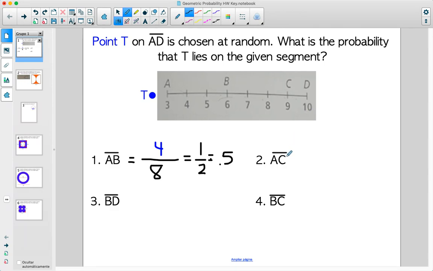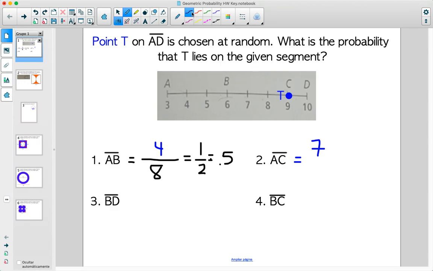Segment AC. What is the probability that point T will land on segment AC? Well, let's measure the length of A to C. So 1, 2, 3, 4, 5, 6, 7. So we have 7. We have a lot more length, so a higher chance of it landing on that segment.